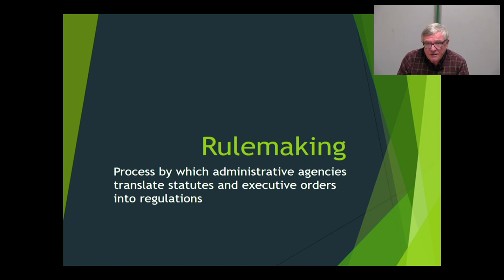When Congress passes a law that requires any kind of administrative agency action, and sometimes Congress passes a law simply saying people can no longer do this or that, but if Congress passes a law requiring some administrative agency to take some action, that agency has to figure out what it is Congress wants it to do.